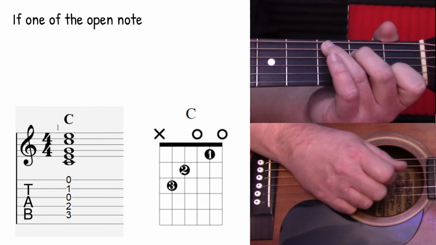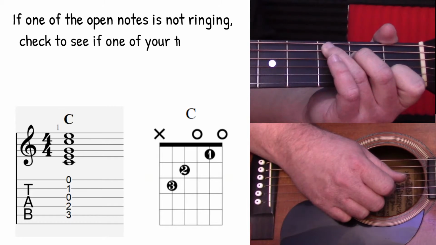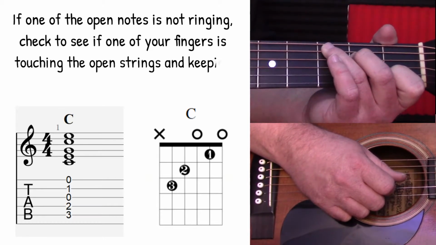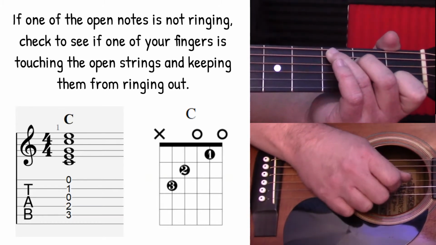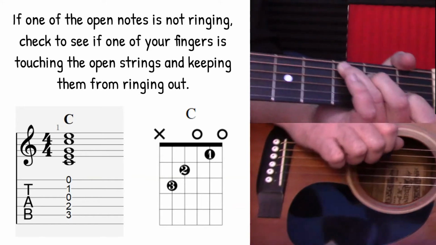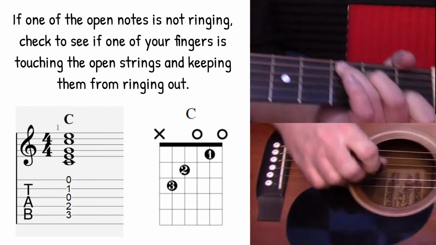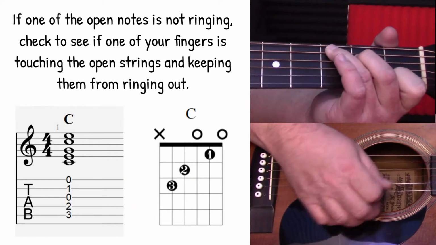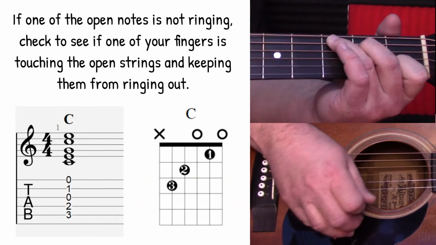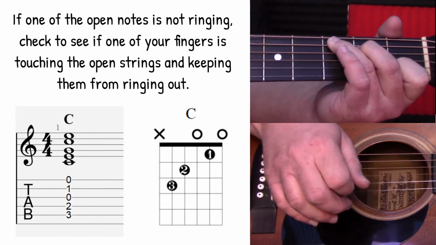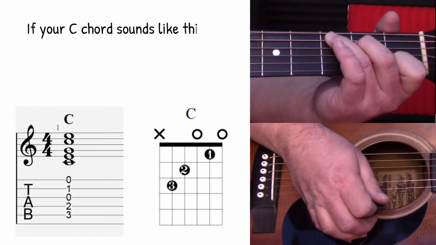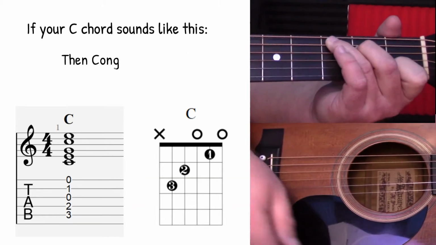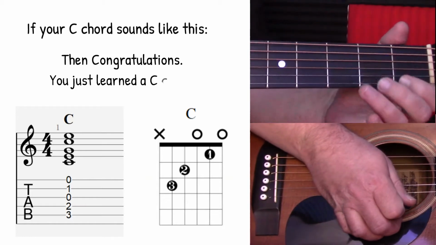If one of the open notes is not ringing, check to see if one of your fingers is touching the open strings and keeping them from ringing out. If your C chord sounds like this, then congratulations, you just learned a C chord.